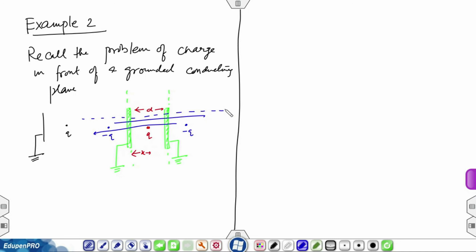So, if I want to find the induced charges on the plates, I will apply reciprocity theorem. So, the problem is to find the induced charge total on each plate.